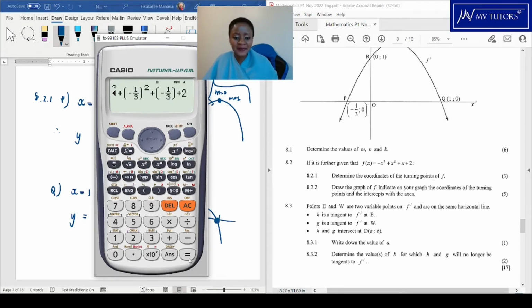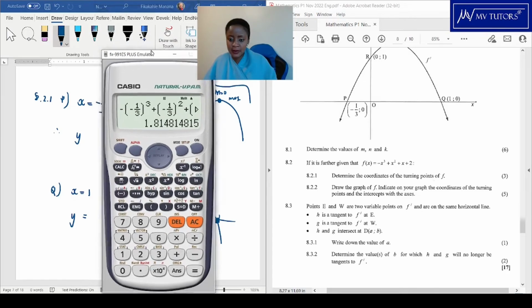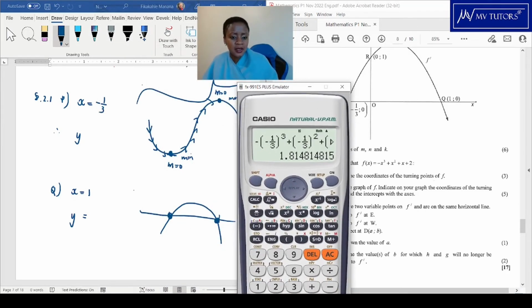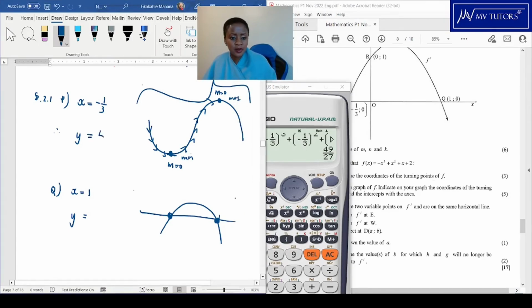Okay, so if we have negative a third, our y value becomes 1,81. Did they say anything about fraction form? No, they didn't say anything about fraction form, so let's just put both answers. So 49 over 27, which is really equal to 1,81.